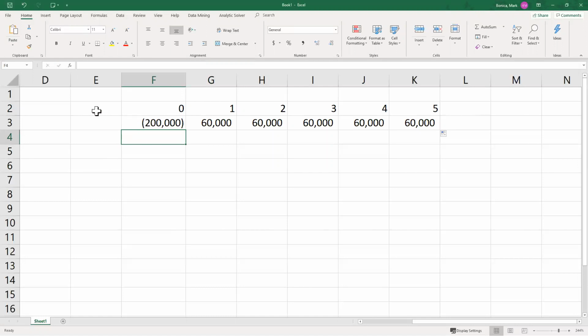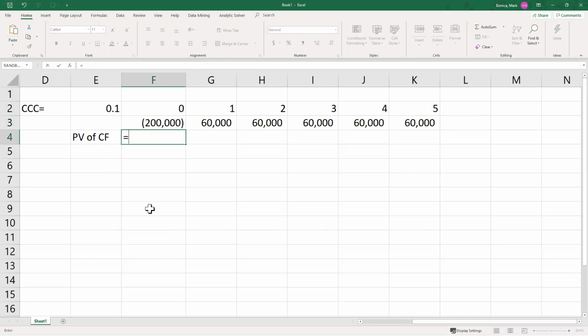If we're going to use NPV, we would need to know what the cost of capital was. So if we just say the corporate cost of capital is equal to, and we'll just say 10%, so 0.1. Then for our NPV, we could do the PV of the cash flows.